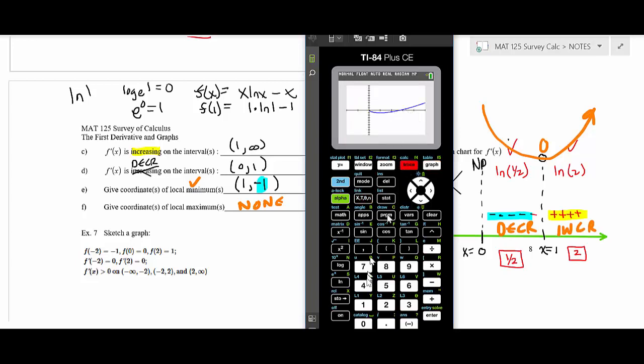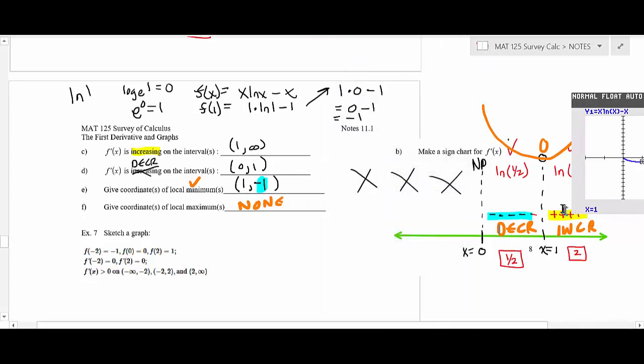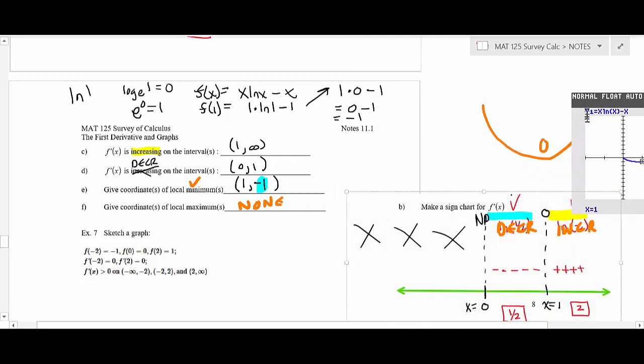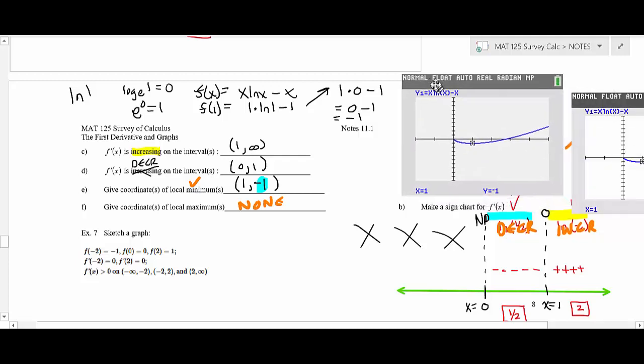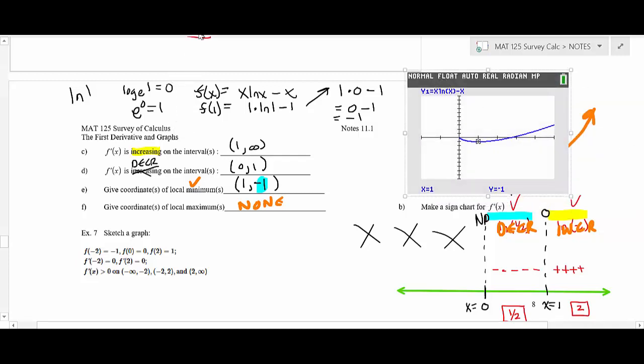So if I trace at 1, you can tell visually that's the correct local minimum. Okay, so that's mainly what I wanted you to see on that. All right, so that gives us a verification that we're on the right track. There's a couple of things I wanted you to notice on this graph. Number one, there's nothing going on out here because the ln of x has to be greater than 0.